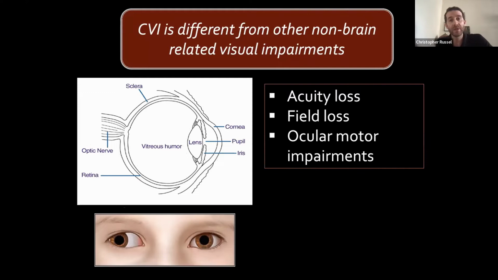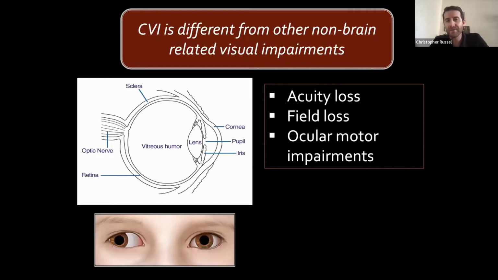And when you know the condition, for example, glaucoma or a cataract or a retinal detachment, each of those conditions affects a unique part of the eye. And if we know what part of the eye is affected, we can basically guess the type of implication or functional loss that the child is going to experience. We need to know also how severe the condition is and whether it's progressive or stable.